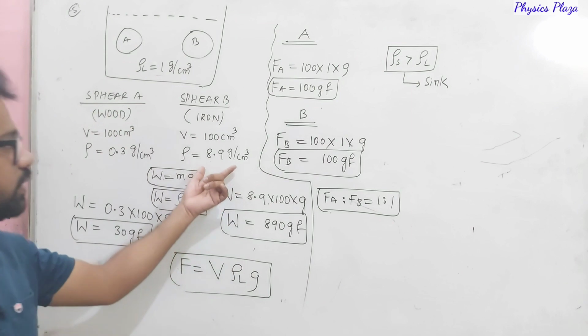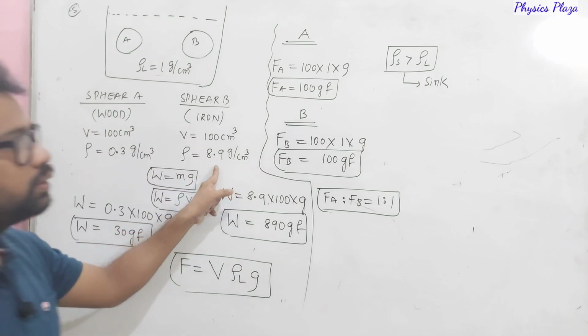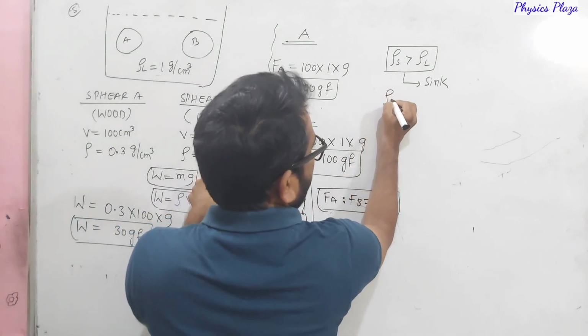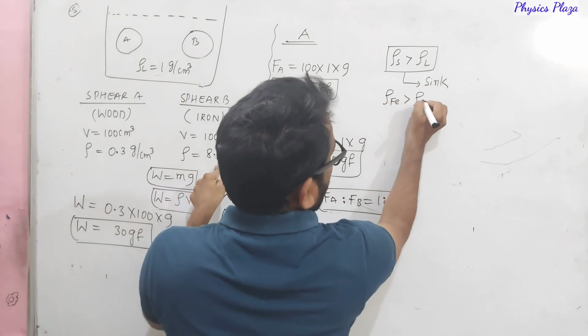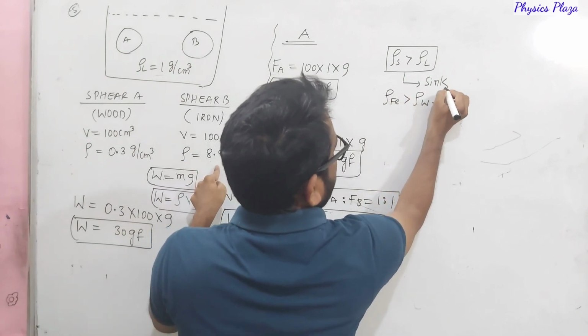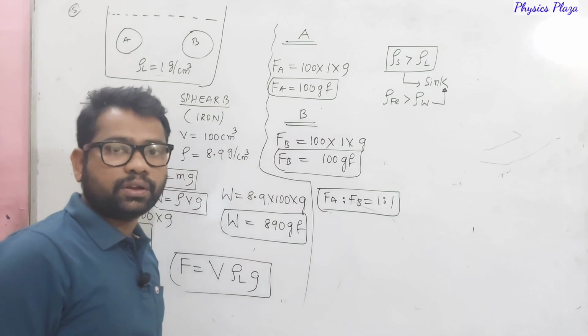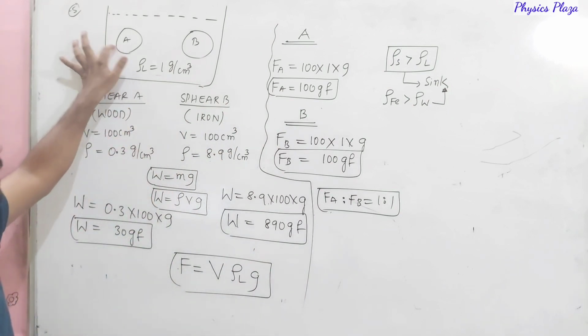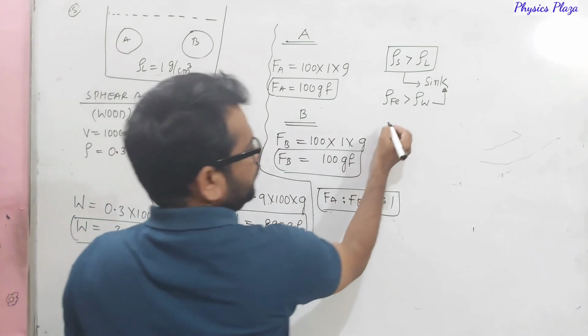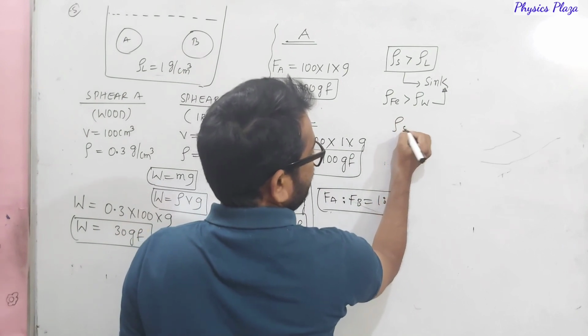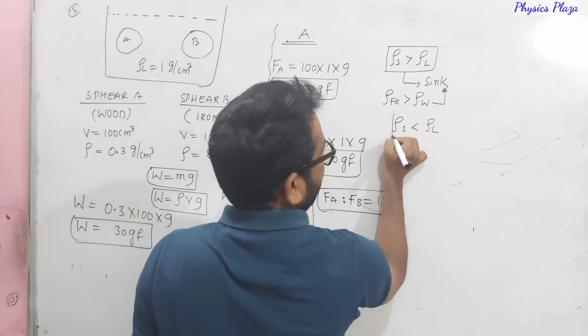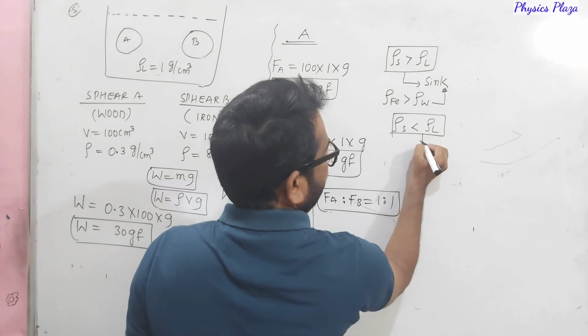So now look at here, the density of the iron ball is greater than the density of water. So it will sink. What about this, sphere made up of wood? Again, I am telling you, we know that whenever the density of the solid is less than the density of the liquid, what will happen? It will float.